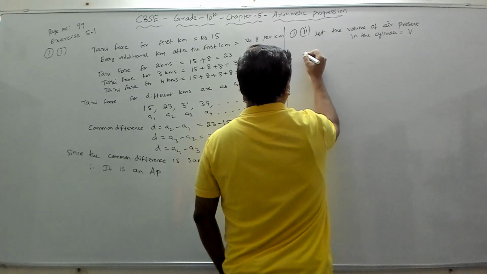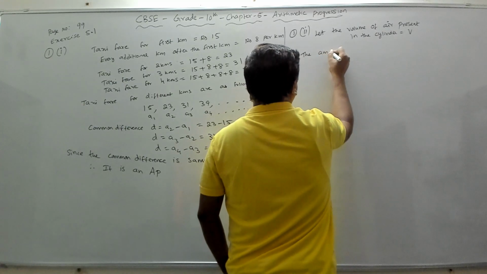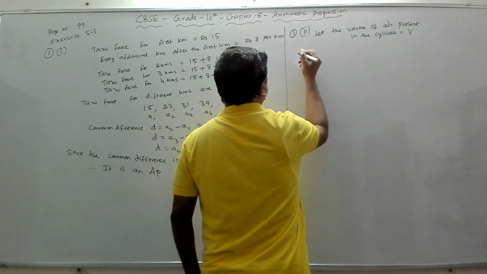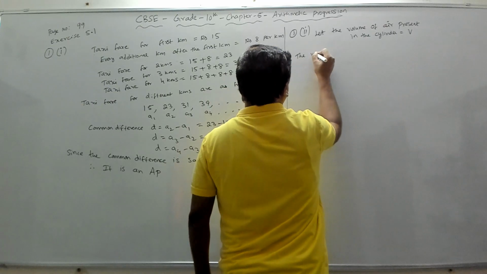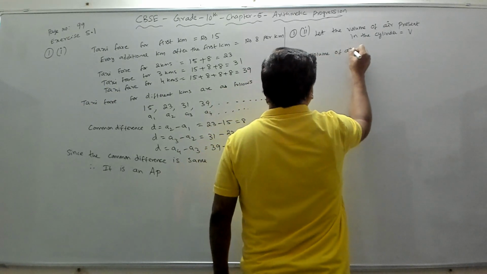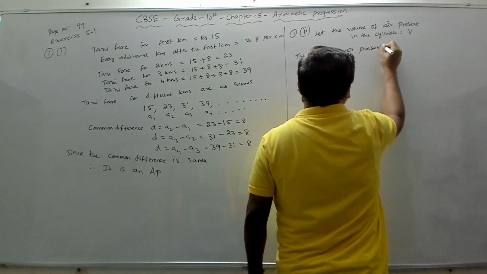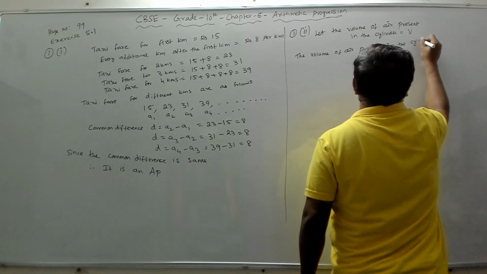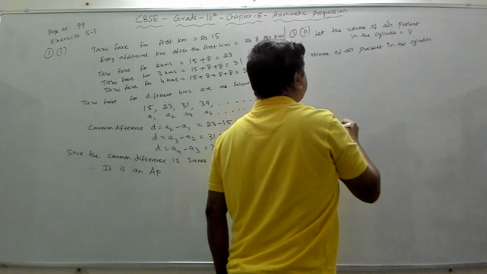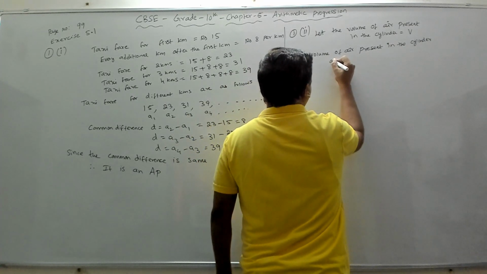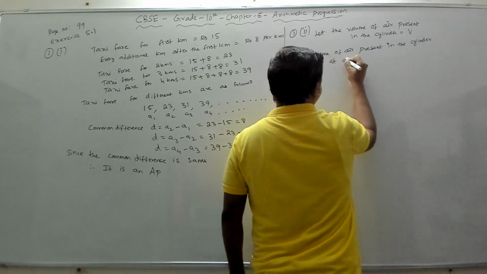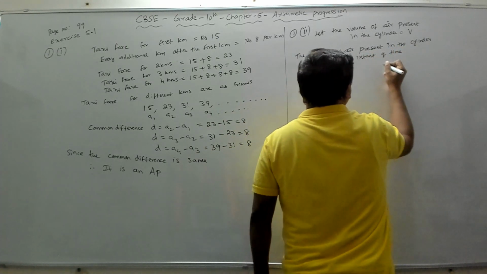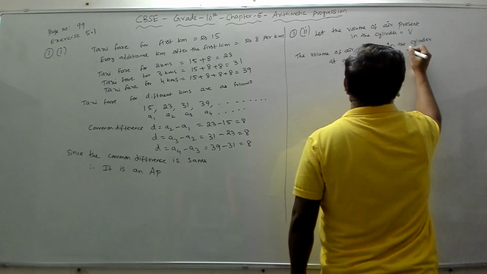So now we'll say the volume of air present in the cylinder at an instant of time, say, let's say T2.